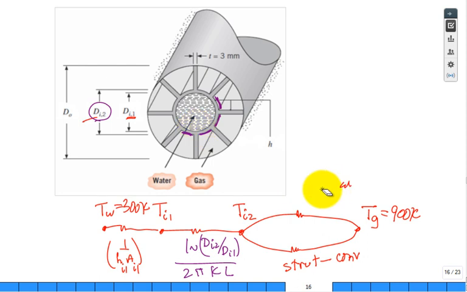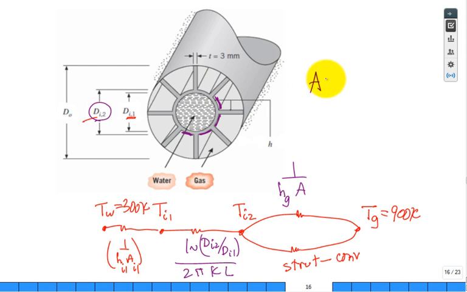So let's do this. What's my model for the convection directly off of the exposed part, not covered up by the strut? Wouldn't that be 1 over the h on the gas side times that area? But the area is a little tricky.